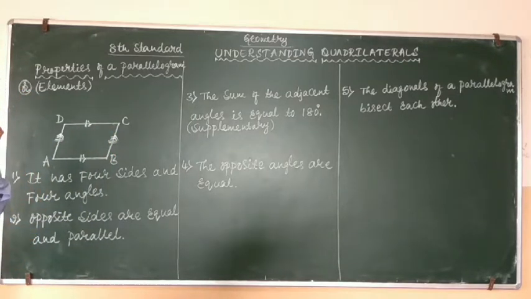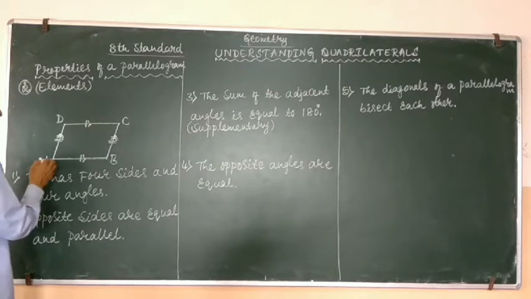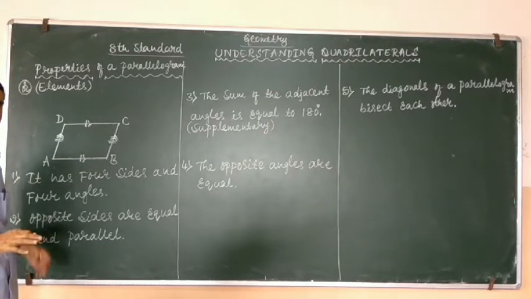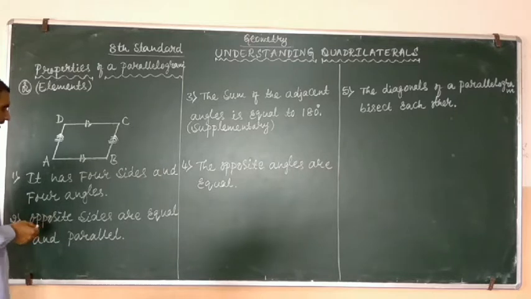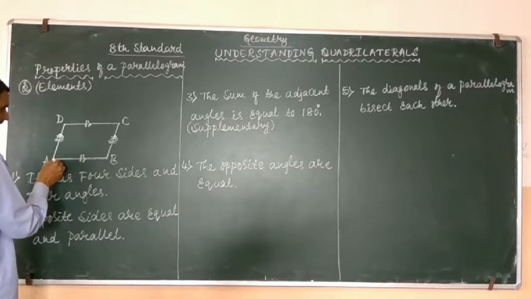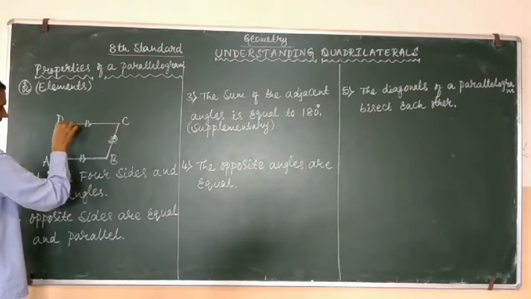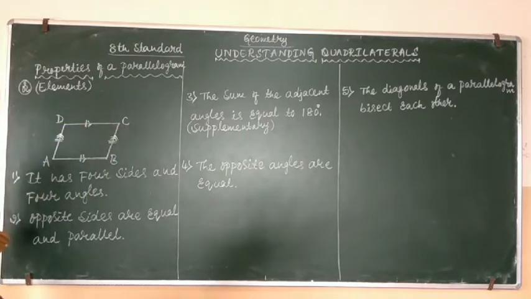If you observe the parallelogram, it is a quadrilateral. Therefore, it has four sides, because it is a type of quadrilateral. The sides are AB, BC, CD and DA.